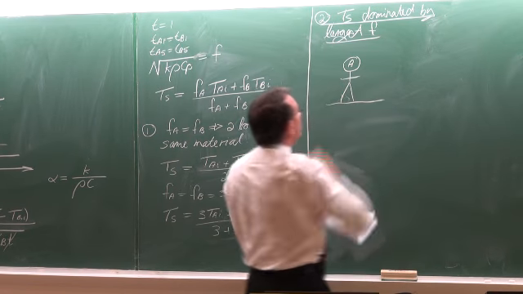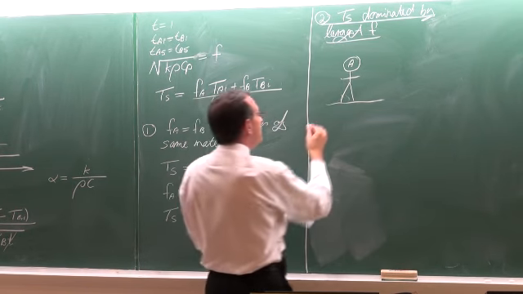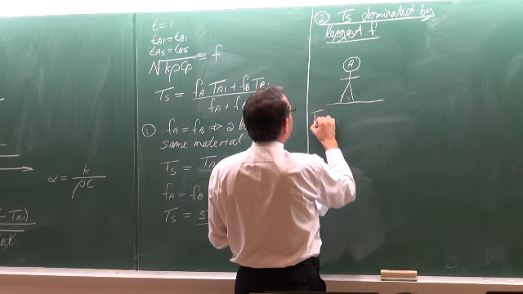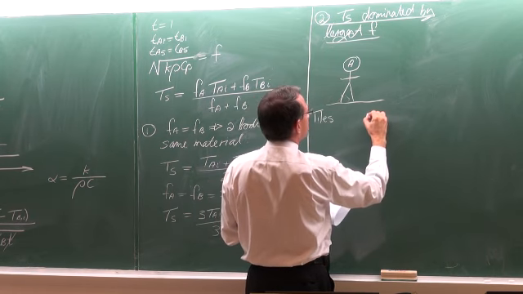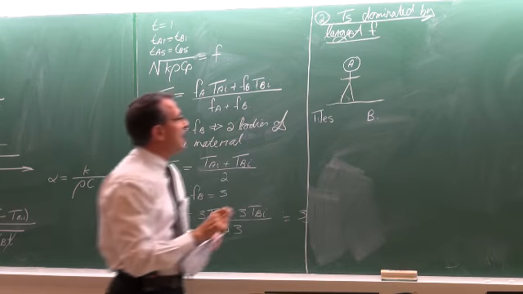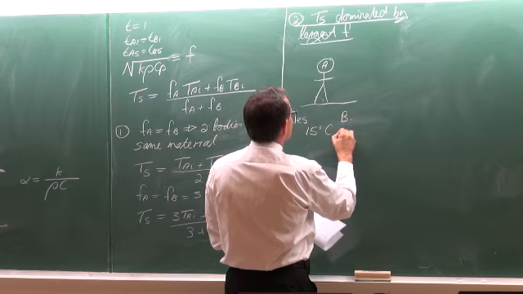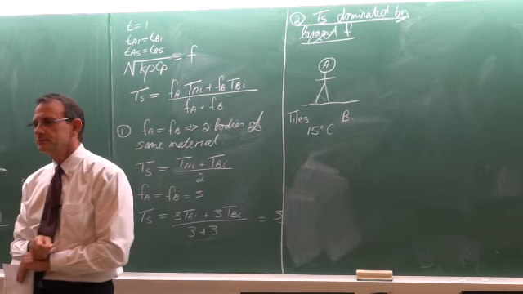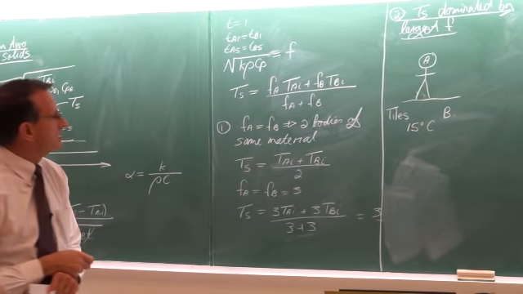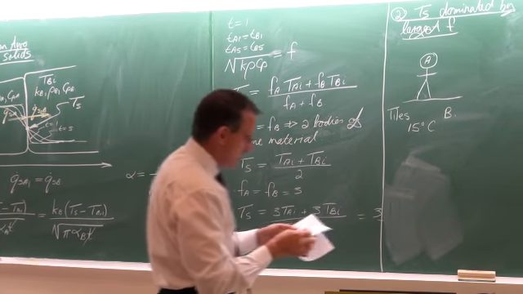You will be body A. Body B is going to be a tile floor. Tiles is body B, and its temperature is going to be 15 degrees Celsius. So it's not really that cold. Okay, 15 degrees Celsius. So that's the first scenario.